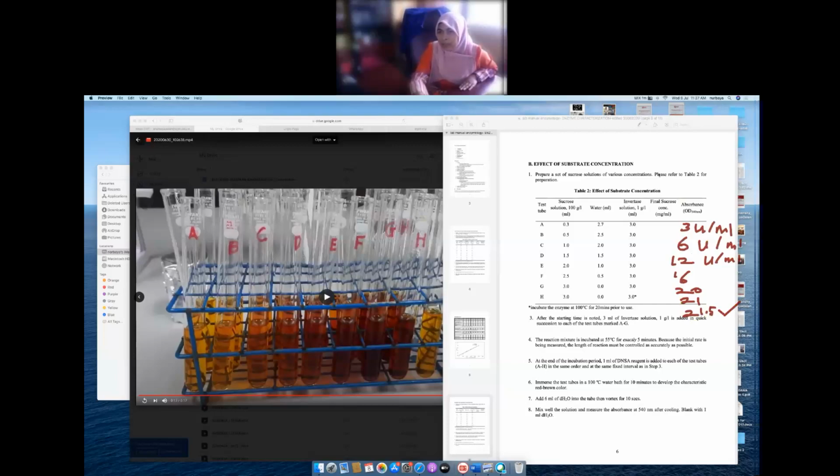How do we get relative activity? It's by dividing the current activity by the highest activity. Will you be given absorbance readings?